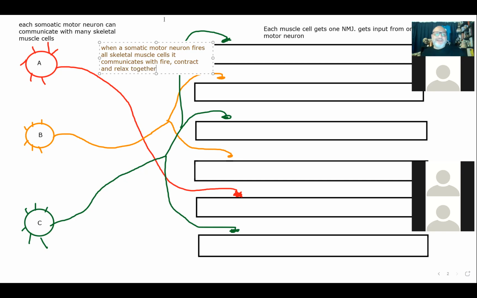So they all work together as one unit. Which is why it's called a motor unit, because they're all going to work together as one.